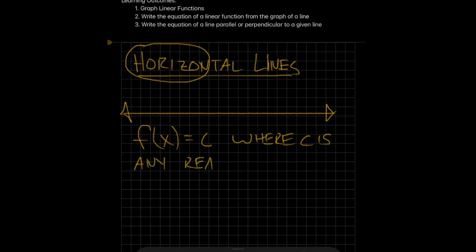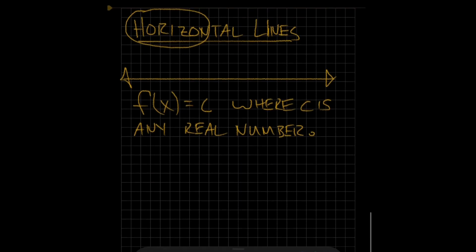So you can think of a horizontal line as having a constant output.